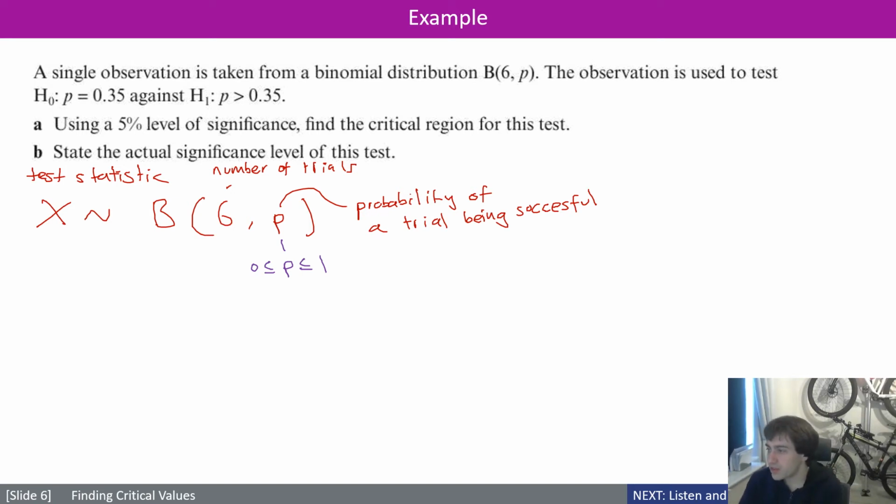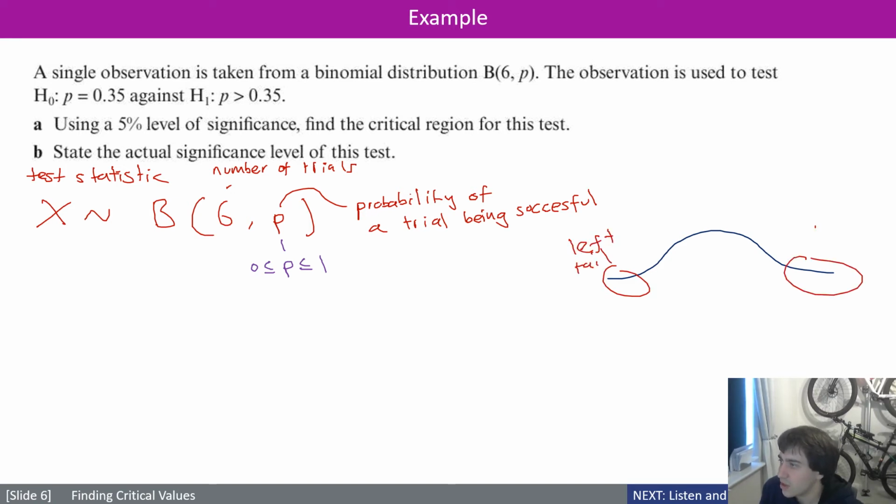What might help at this stage is to visualize what's going on in terms of this distribution using that hump diagram, because binomial distributions always form a sort of hump. It may not always be symmetrical, but you've got some kind of hump going on. And just remember that this is the left tail and this is the right tail.